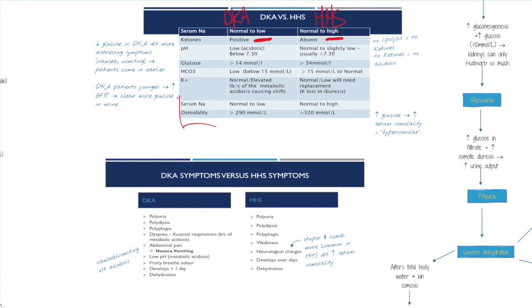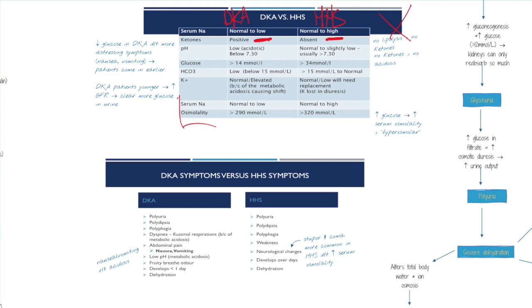Why? Because in DKA, we have an absolute insulin deficiency. There's nothing there to stop the body from breaking down fats and producing keto acids, okay? In HHS, your body still is trying to break down the fat because it thinks it's not getting enough glucose, even though it has just tons of glucose in its blood. The cells just aren't using it. So it's going to break down fat, but when it gets there, there's enough insulin in the body to stop it from happening.